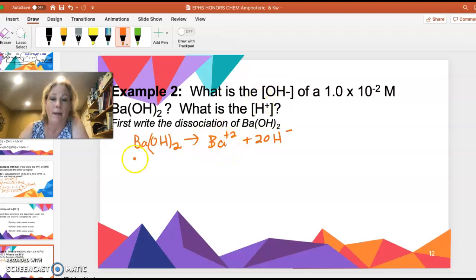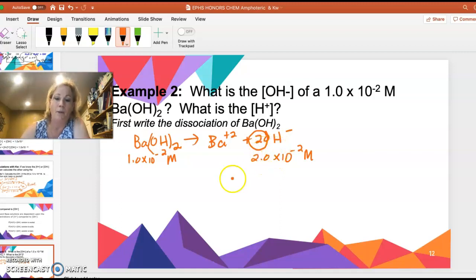So if I made a 1 times 10 to the -2 molar solution, then, because there's double the moles, I would have 2 times 10 to the -2 moles per liter of hydroxide ion, once everything has been dissociated. So now I'm going to use that number and do my Kw calculation.